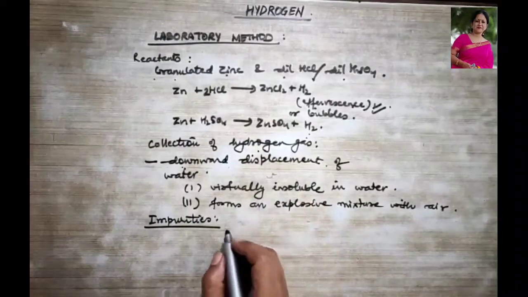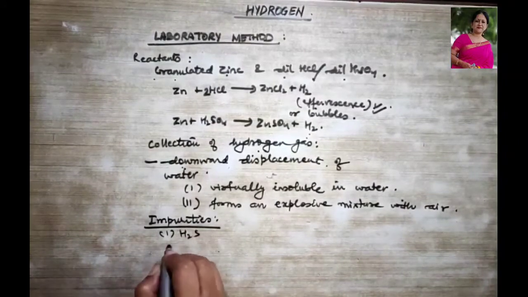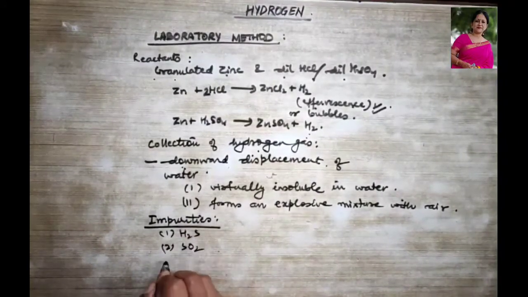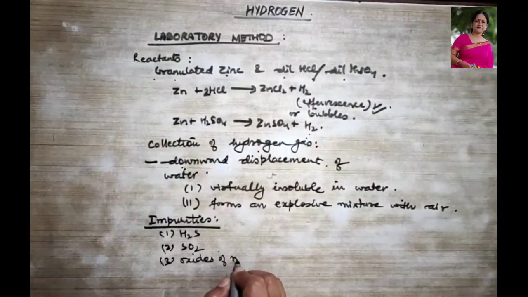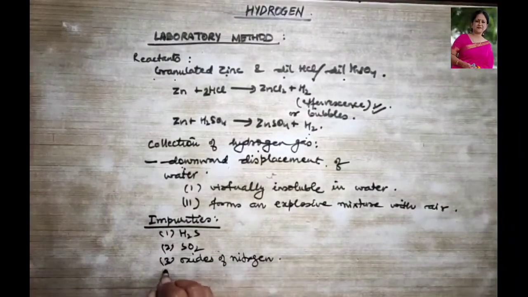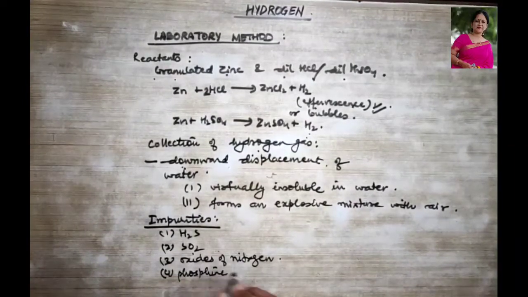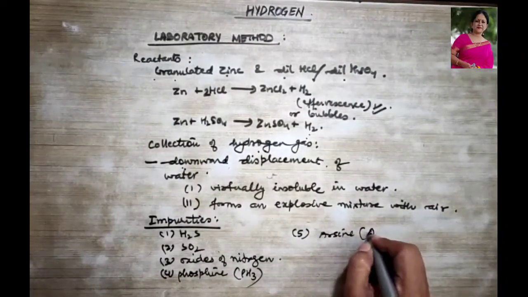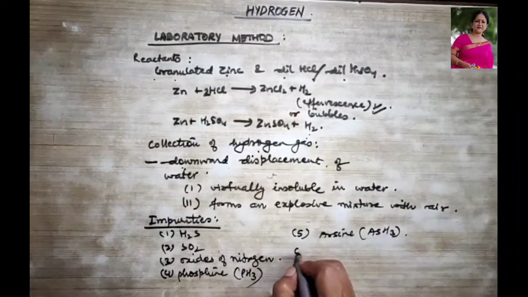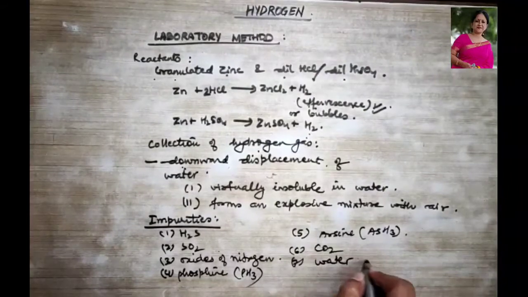While collecting hydrogen gas, we even collect impurities, for example hydrogen sulfide, then sulfur dioxide, even oxides of nitrogen can be obtained, then phosphine, the formula of phosphine is PH3, then the fifth one is arsine, that is AsH3, then carbon dioxide and even water vapor.